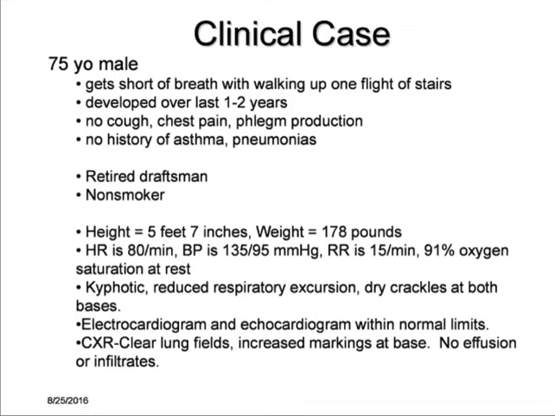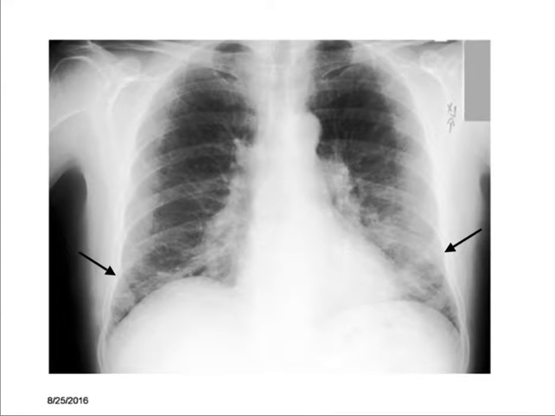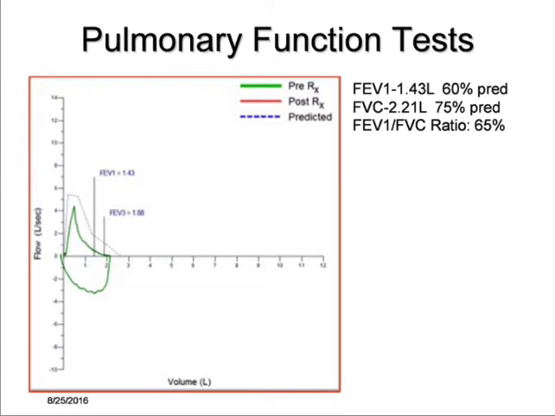An electrocardiogram as well as an echocardiogram are both within normal limits. A chest X-ray that you see here shows clear lung fields with bibasilar interstitial prominence and no effusion. His spirometry is depicted on this slide.